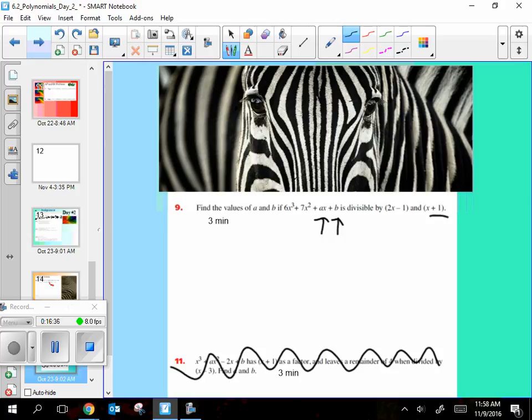This will tell you one of your zeros, and this will tell you the other 0. So you got 2 separate zeros. You can have 2 separate equations. When I've got 2 separate equations, I can solve and find both A and B. All right. That's your only hard problem for today.